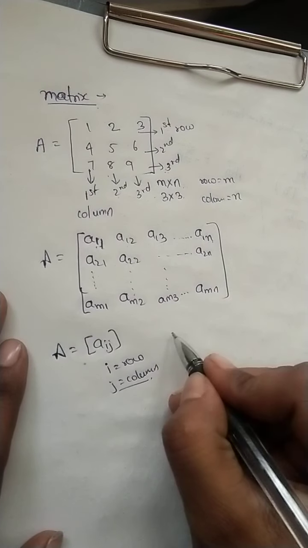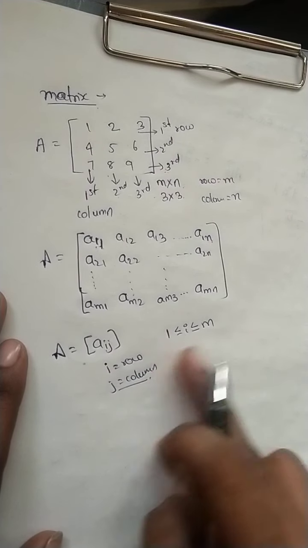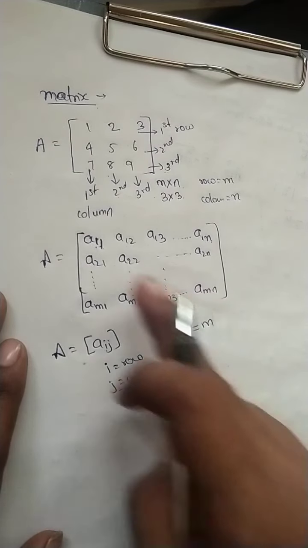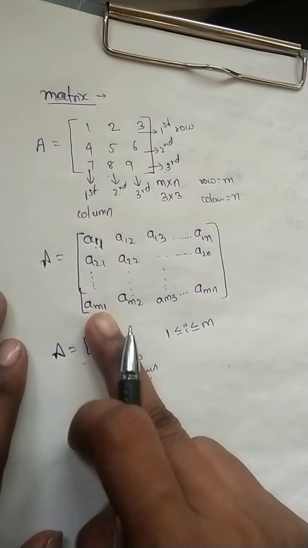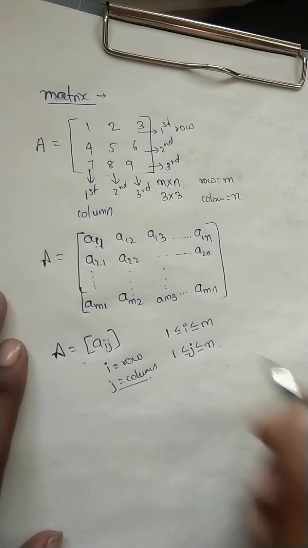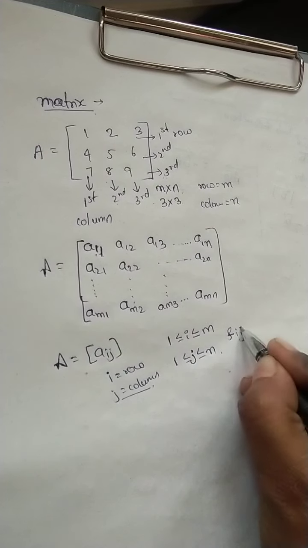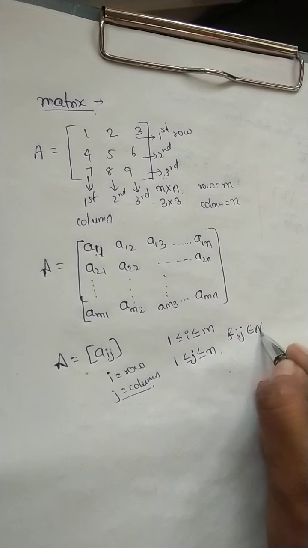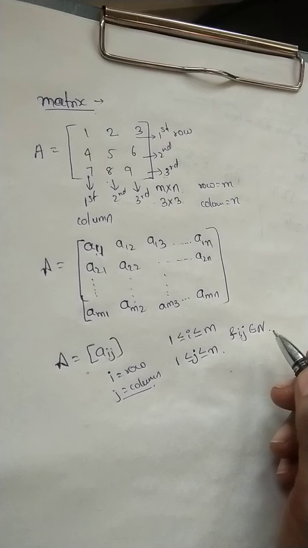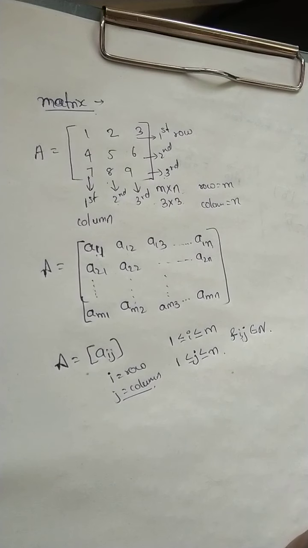And i always lies between 1 and m, and j always lies between 1 and n. And i and j both belong to N, where N is the natural numbers. So this is about the elements and the order of the elements.